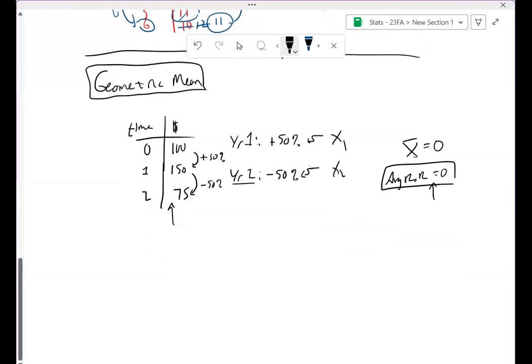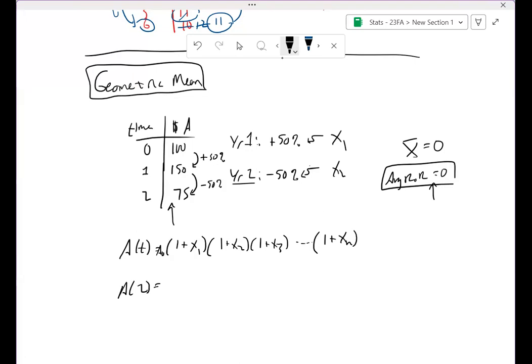So what's really happening if I give this, say, the variable a of t, and call it a naught, it looks like a bunch of 1 plus rates of return multiplied together. Or in this particular example, a of 2 is 100 times 1 plus 0.5 times 1 plus negative 0.5.